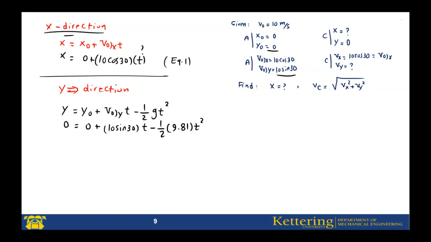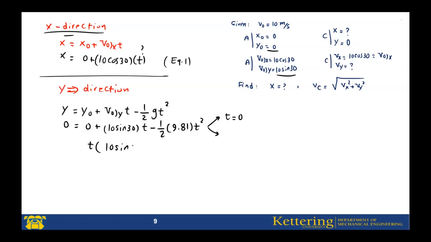If you solve this equation, you can find two times. The first one is 0. It's obvious. For the second one, to solve it, you can factor out time.